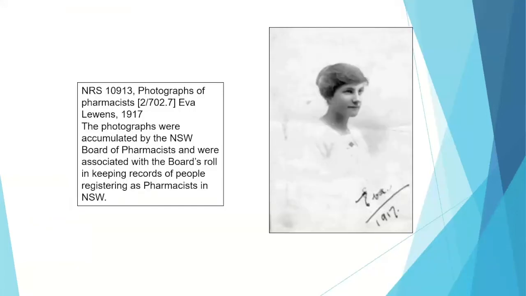Here we have a photograph of Eva Lewins, who was a pharmacist, and again these were accumulated by the Board of Pharmacists. And like with the doctors where they kept a photograph and a signature, they did a similar thing for the pharmacists as well. So I guess that helped them to identify that particular people were actually qualified to do what they were supposed to be doing.